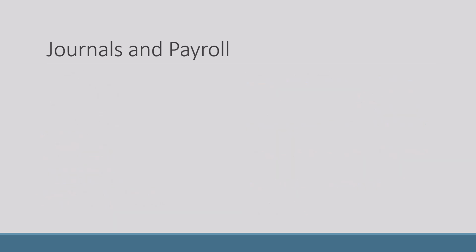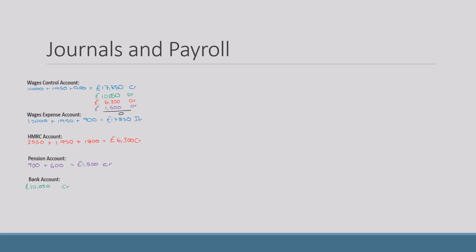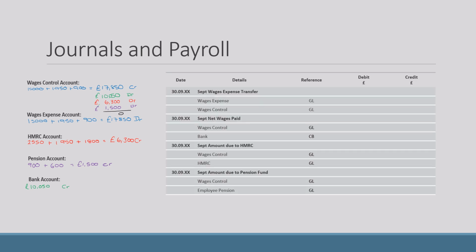Okay, so let's now create our payroll journal. So here are the figures that we had on our last slide, and now we're going to put them into our journal. I've created the journal template for us to look at, and you can see here that we have every account that we've just been talking about.